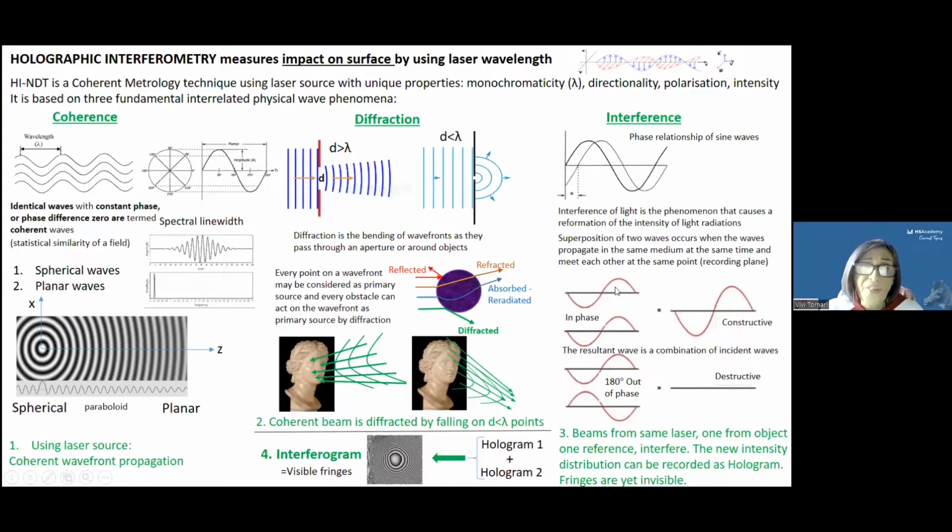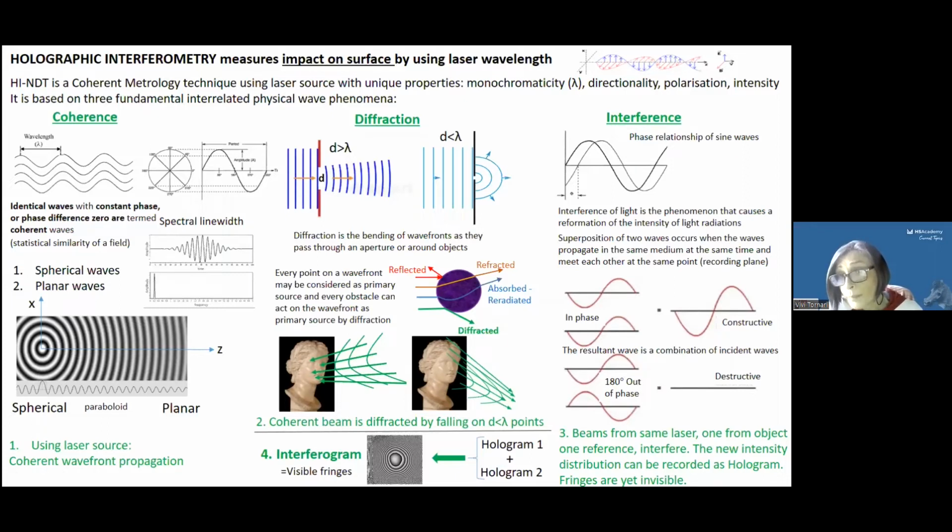And all this we can manipulate in order to generate visible fringes. The visible fringes of an interferogram come to us through the manipulation of these phenomena, having as a result a hologram image.